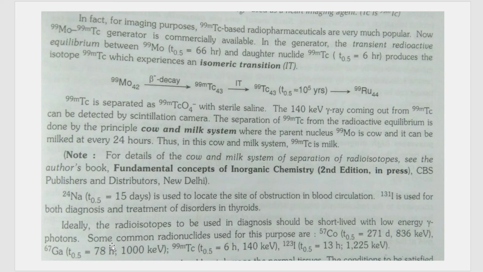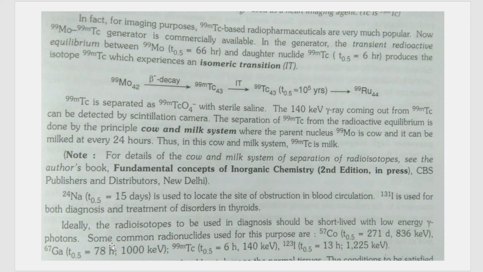And you know that radioisotopes have both a good and a bad side. So accumulation of radioisotopes in the body can result in an adverse effect on the body. So instead of treatment, it can work in the opposite way. That is, the person might get affected further.